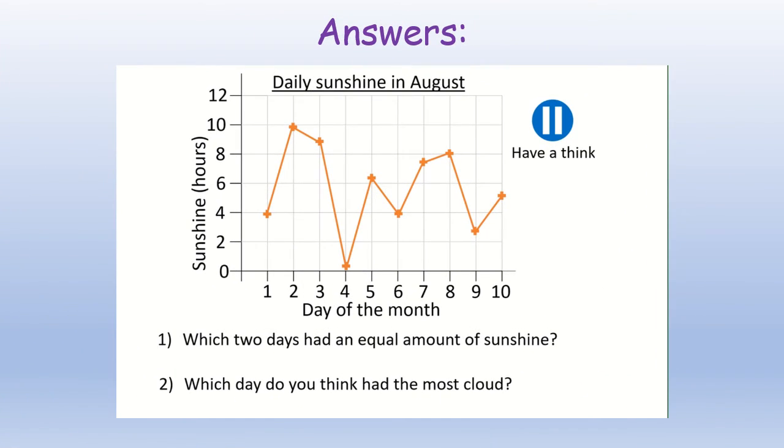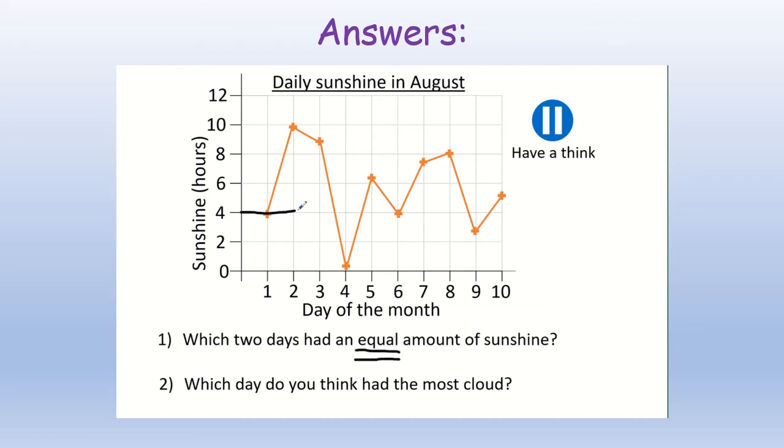Now we're looking at the daily sunshine in August. So, which 2 days had an equal amount of sunshine? We know equal means the same. So, if you look, are there any 2 points on the chart that are at the same distance?